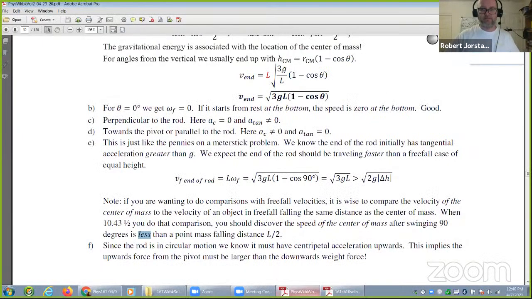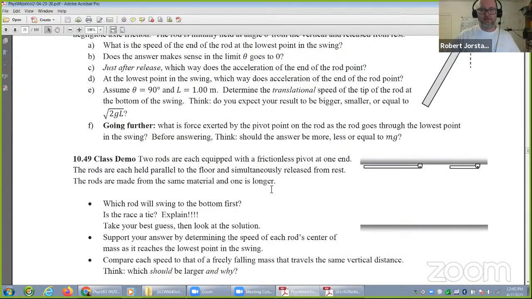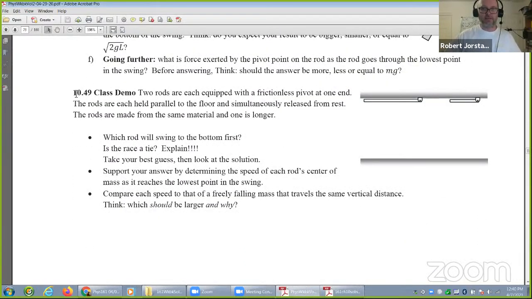All right, let's take a look here. Where are we? This one. All right. Take a look at 10.49.